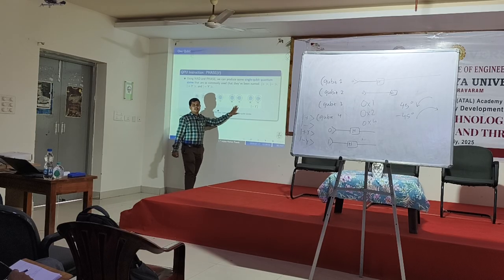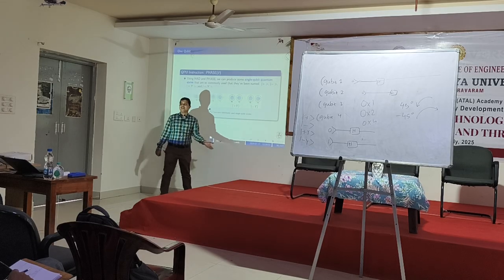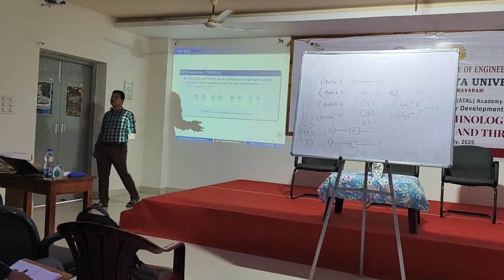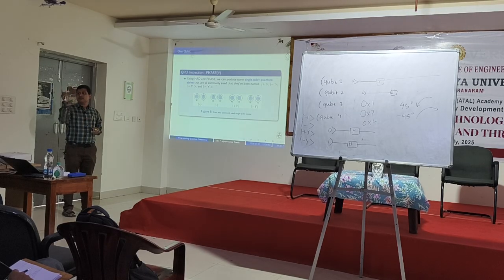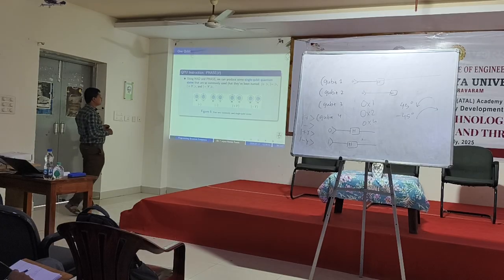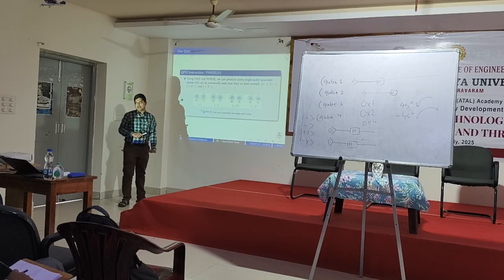Plus y is nothing but it is 90 degree phase. Minus y means another 90 degree phase in a different direction. One is anti-clockwise, minus is always clockwise. That's why I told you anti-clockwise is always plus. Positive means anti-clockwise, negative means clockwise. So this way also we can go for four very commonly used single qubit states, which are the variants of the phase.